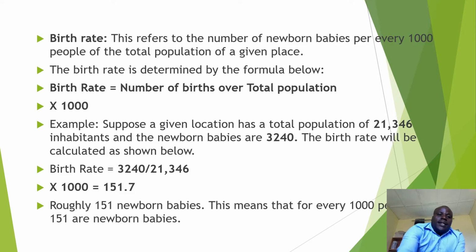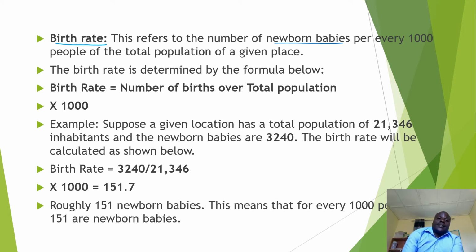So what is birth rate? This refers to the number of newborn babies per every 1,000 people of the total population of an area. The total number of newborn babies per 1,000 people as our sample, of a given area. Then how do we calculate it?